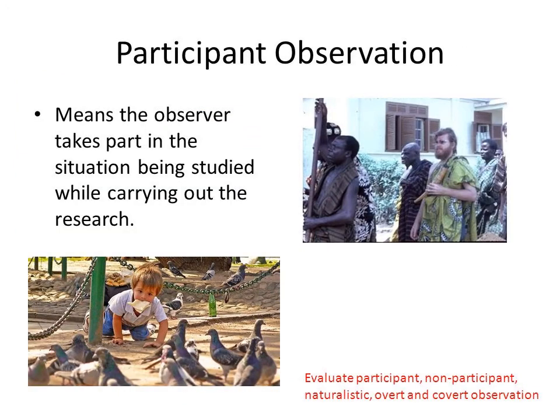Participant observation means the observer takes part in the situation being studied while carrying out the research. For example, the researcher works with the groups in the organizations and also performs some activities during collection of the data through observation.